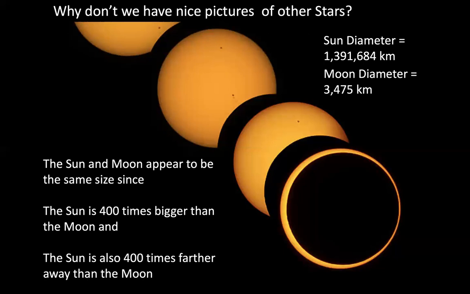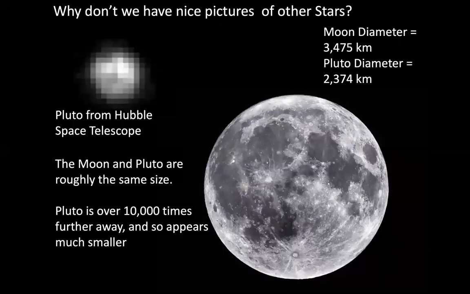To choose another example where the difference in distances is even more extreme, it's worthwhile to consider, say, Pluto, the object in the outer skirts of our own solar system, and the moon. In practice, these objects are not that different in size. The moon's diameter is about 3,500 kilometers. Pluto's a little bit smaller, but it's still 2,400 kilometers.